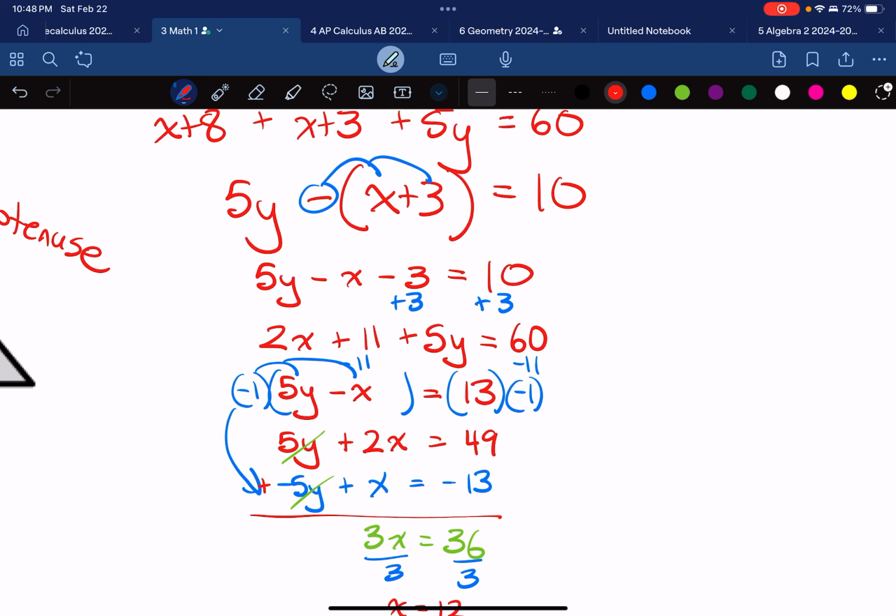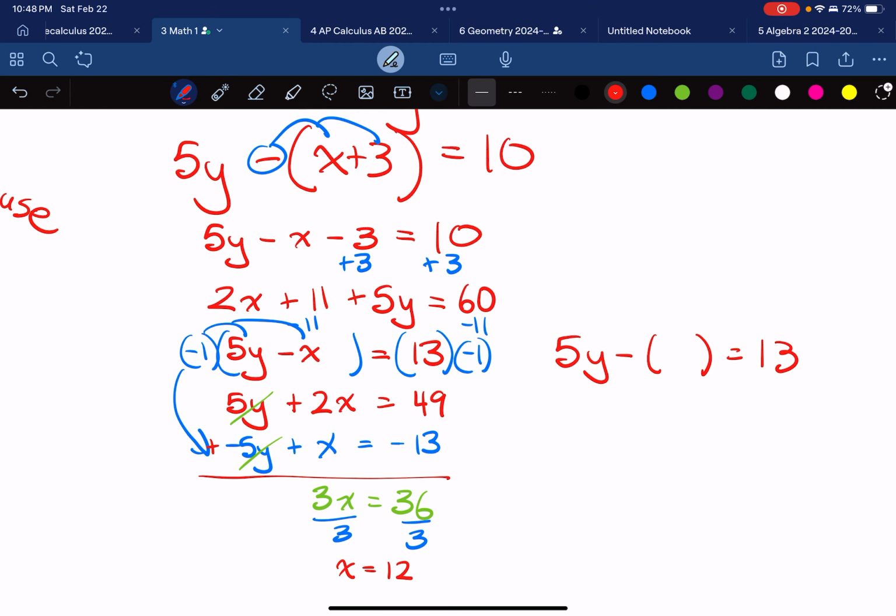I'm making a choice. I have 5y minus, there's my x, is equal to 13. Okay, into this x goes a 12. There's my substitution. Okay, let's go ahead and add 12 to both sides. I'm going to say plus 12, and I get now 5y is equal to 15.